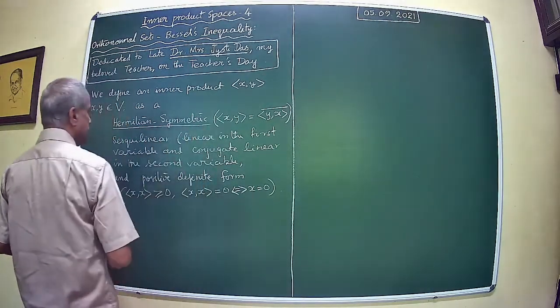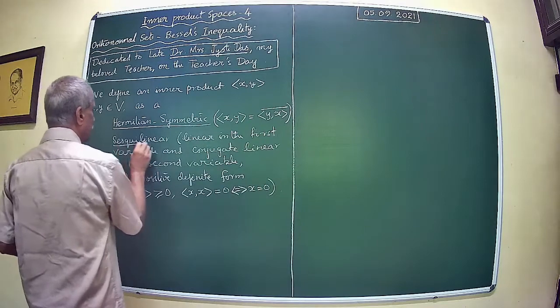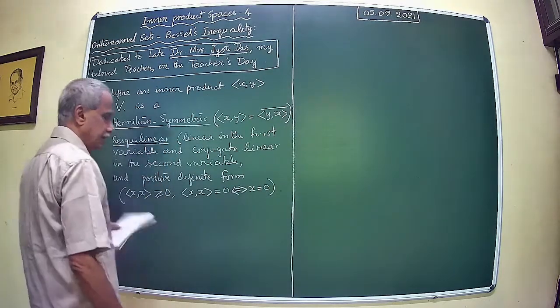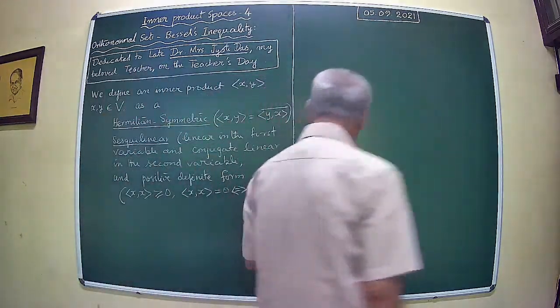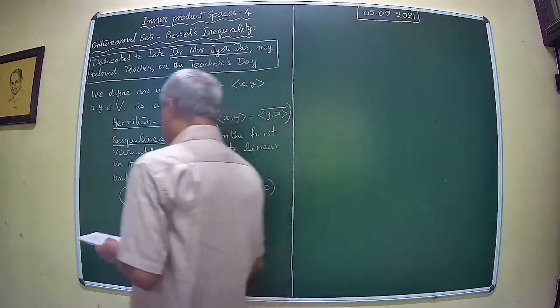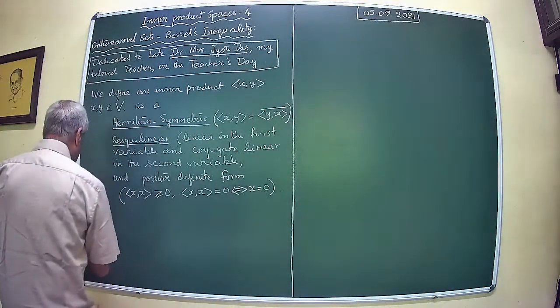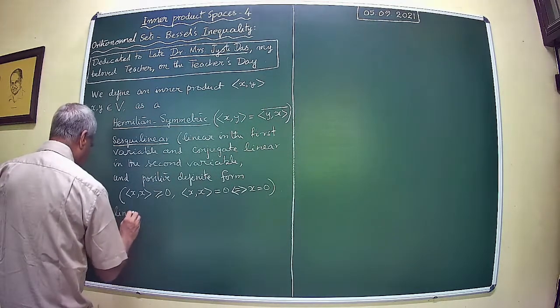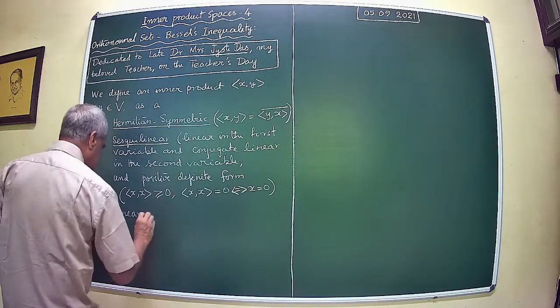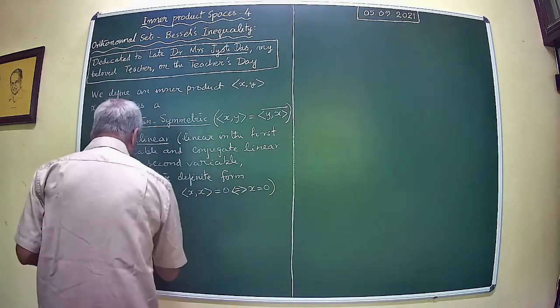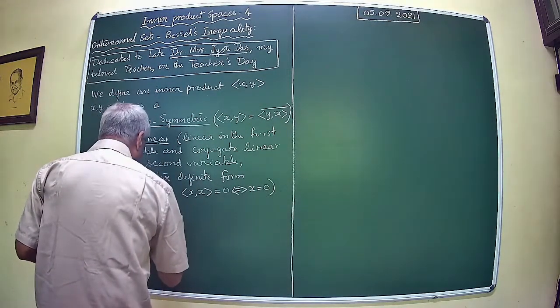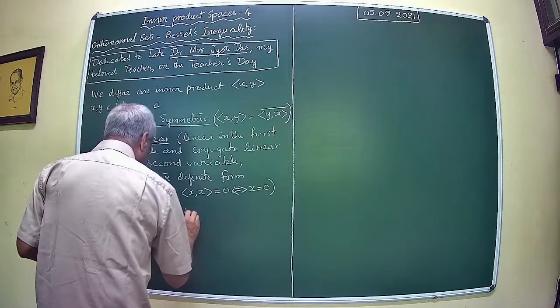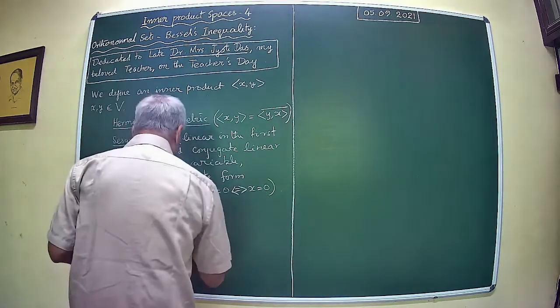First of all, it is Hermitian symmetric. This is sesquilinear. It is also called conjugate bilinear.